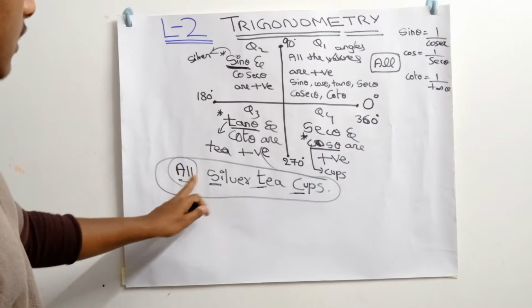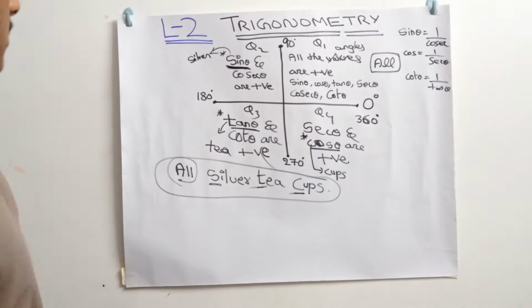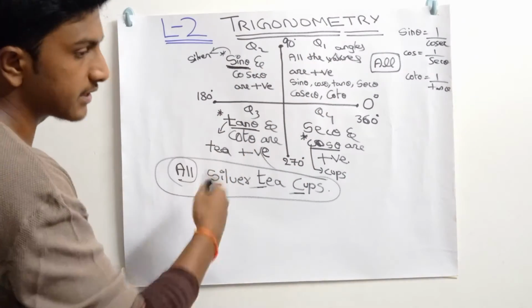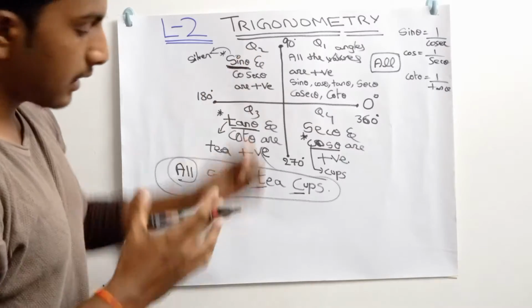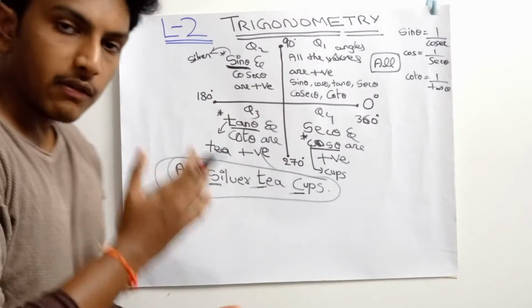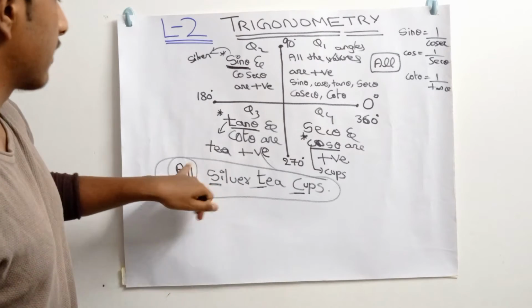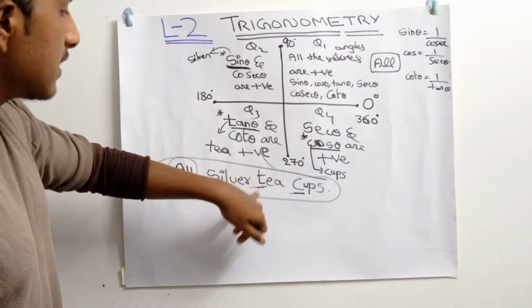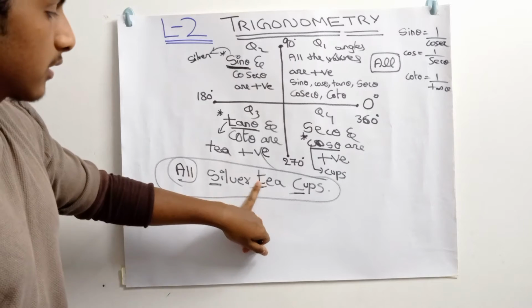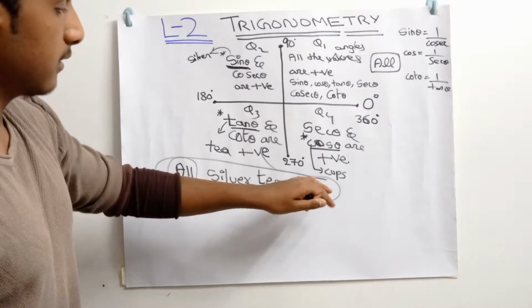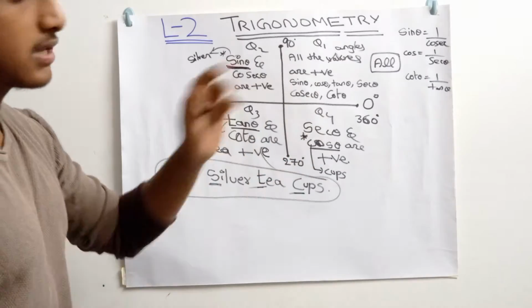Okay guys, all silver teacups. All means all the angles, silver means S, that means sin theta and its inverse. In each quadrant the angle and its inverse angle both are positive. T means tan and its inverse angle is cot. C means cos and its inverse angle secant, cos and secant are positive.